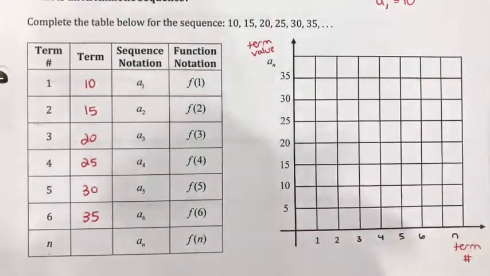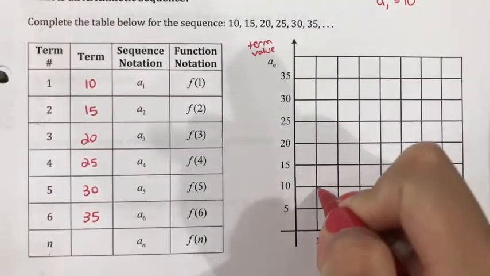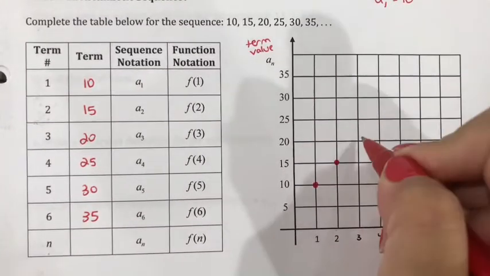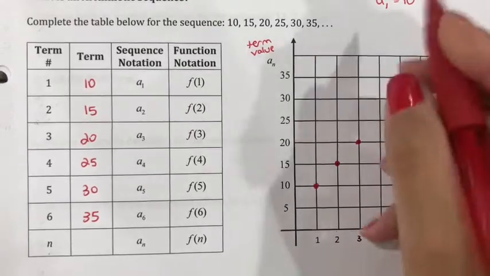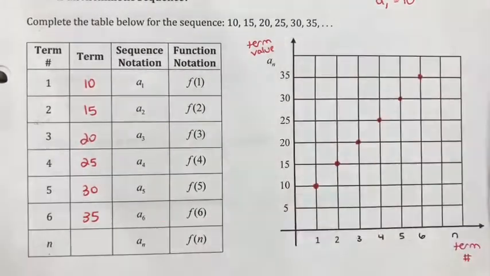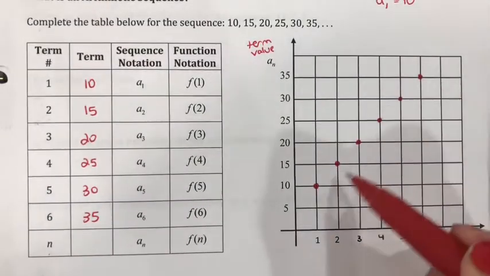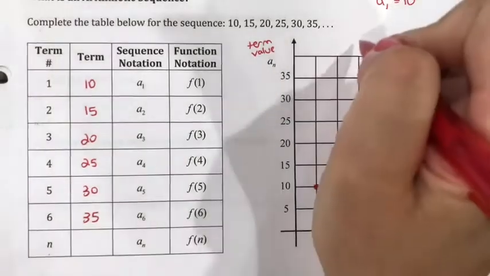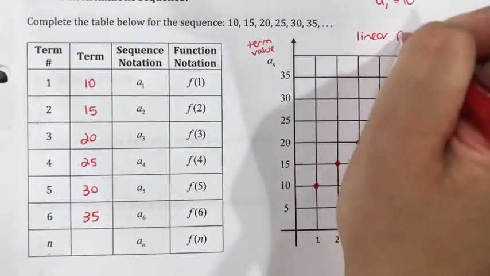So let's plot these points. I've got 1, 10, 2, 15, 3, 20. Keep going. Okay, and you'll notice that the pattern that we have is linear. So we have a linear pattern.